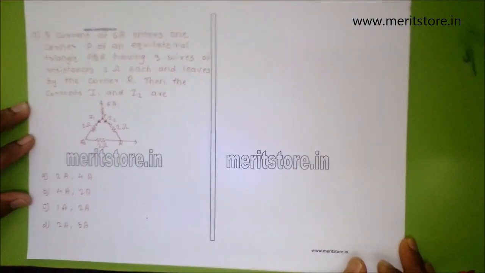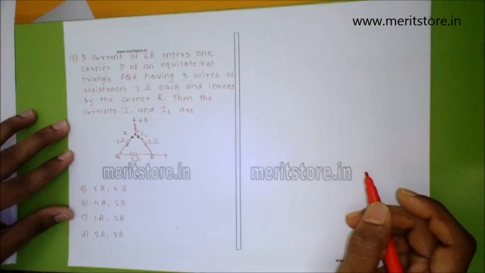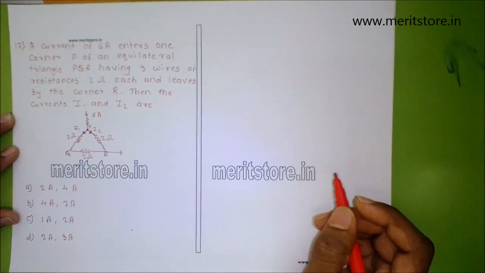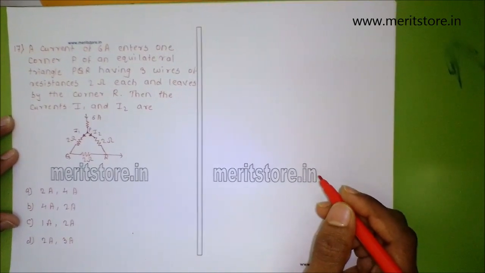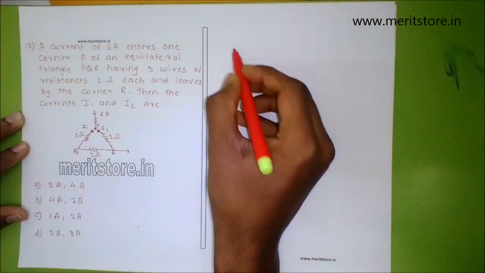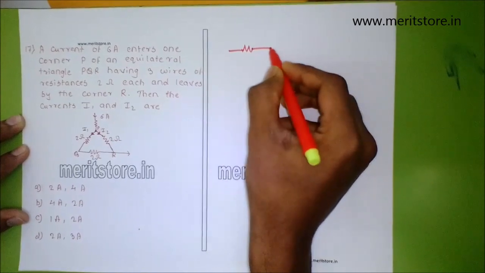Current of 6 amperes enters one corner P of an equilateral triangle PQR having 3 wires of resistances 2 ohms each and leaves by the corner R. Then the currents I1 and I2 are. Here we need to simplify the circuit a little in order to solve the sum.